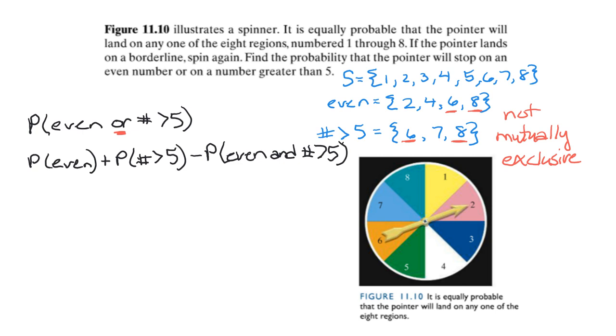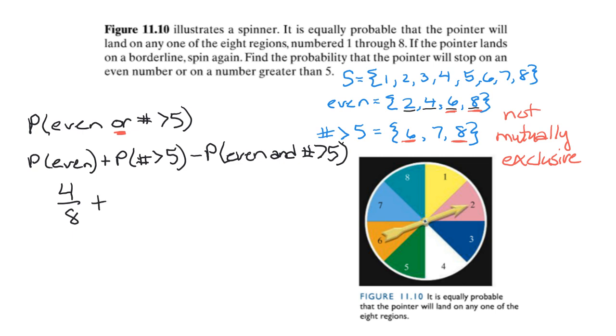All right, so first the probability of an even number. When we look at our even numbers, we have how many values there? Well, we have 1, 2, 3, 4 numbers that are even. So that's going to be 4 out of the total 8 numbers.